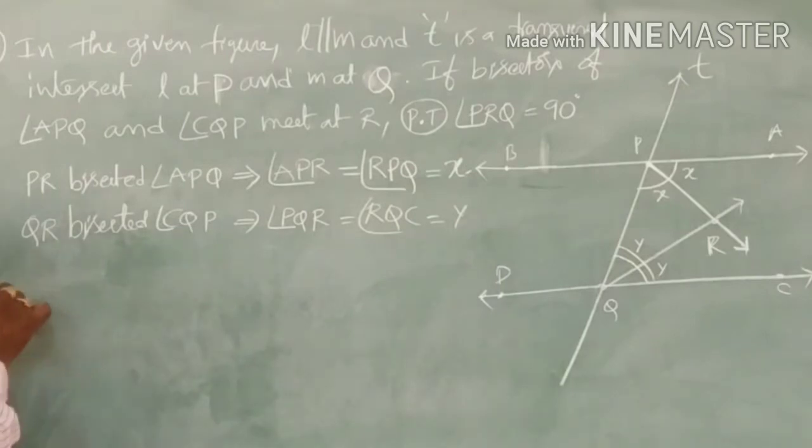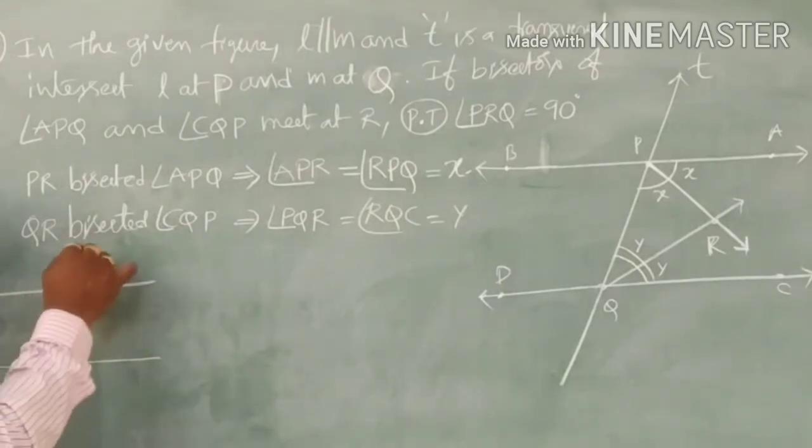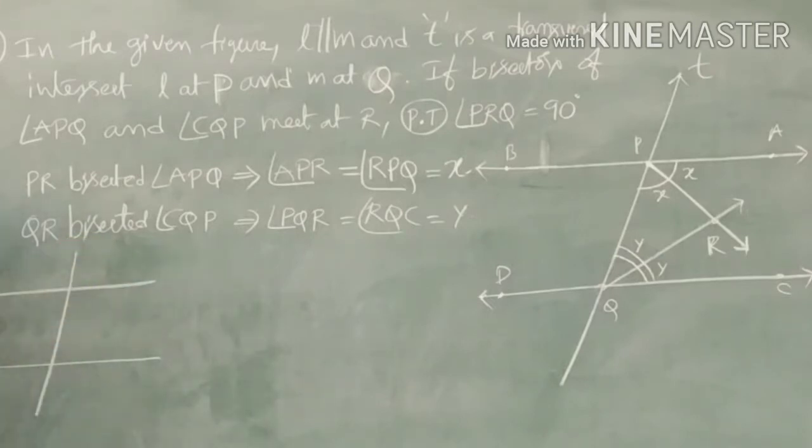Now I'll use one simple logic. If two lines are parallel and there is a transversal, a pair of consecutive interior angles, both on the same side of the transversal, both interior, the sum of these two interior angles is equal to 180 degrees, because it is the sum of co-interior angles.